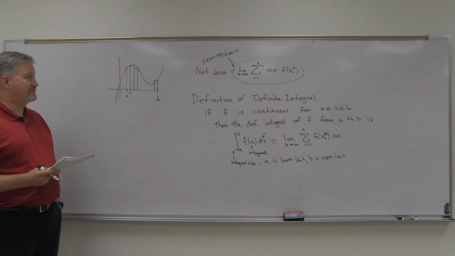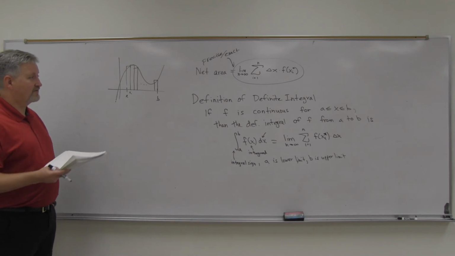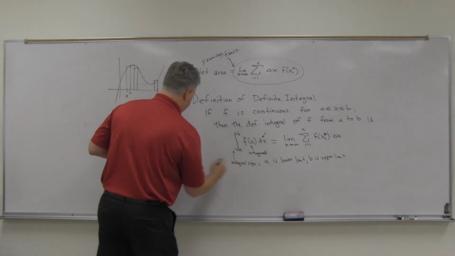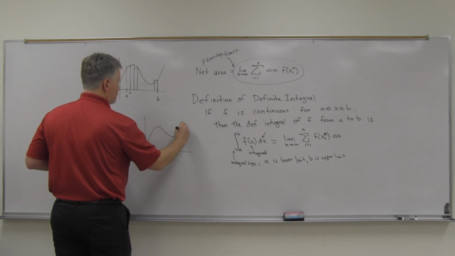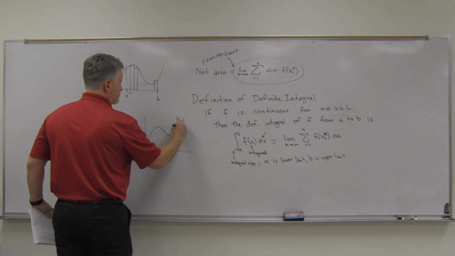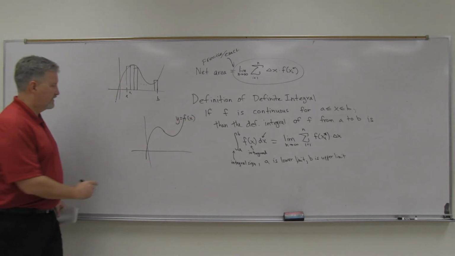So that's the definition. What do you see? What does it graphically mean then? What is an integral? If I drew y equals f of x here, let's do this one first. Here's a and here's b.